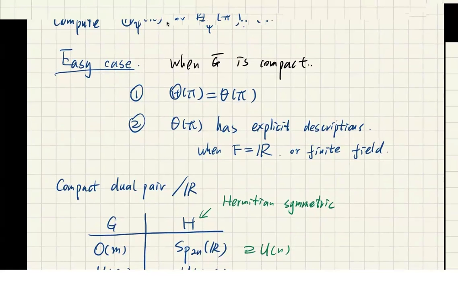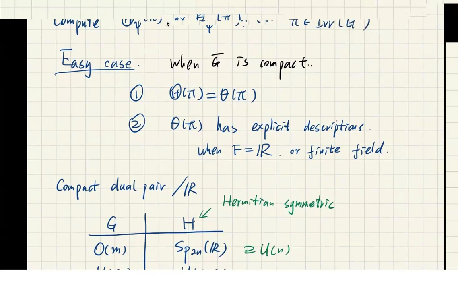Let's continue about theta pi, or big theta or small theta, and try to understand it. So one of the easiest cases is when G bar, so pi is always an irreducible representation of G bar.